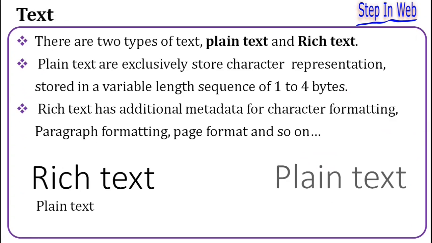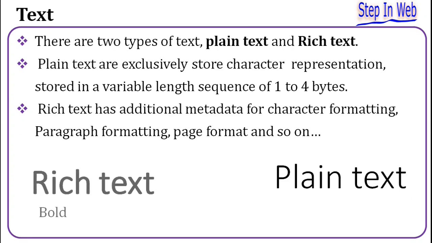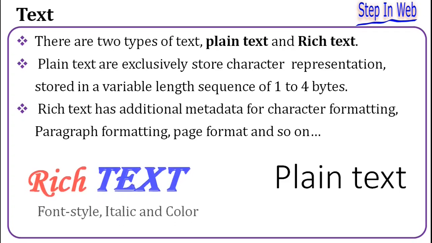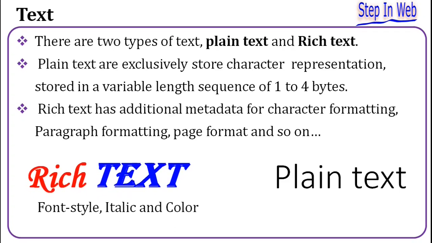Text can be classified into 2 types, plain text and rich text. Plain text exclusively stores character representation, only the character graphics, and it will occupy very little space, like 1 to 4 bytes only.